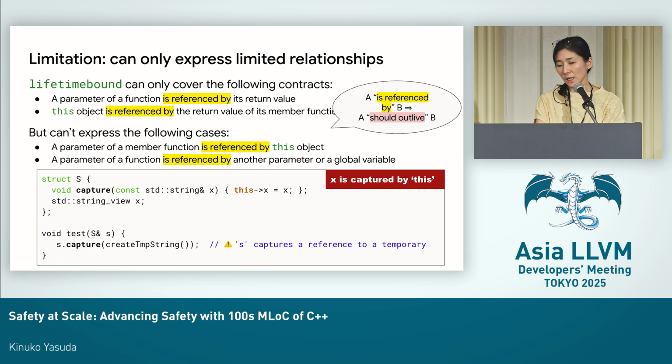And we did more. As I mentioned earlier, lifetimebound can only express a particular lifetime contract between a parameter of a function and its return value or constructed value, but cannot express more general relationships for regular functions, like where a parameter is to be referenced by this object or another parameter, which means that what the parameter points to needs to live longer than those that capture the parameter.